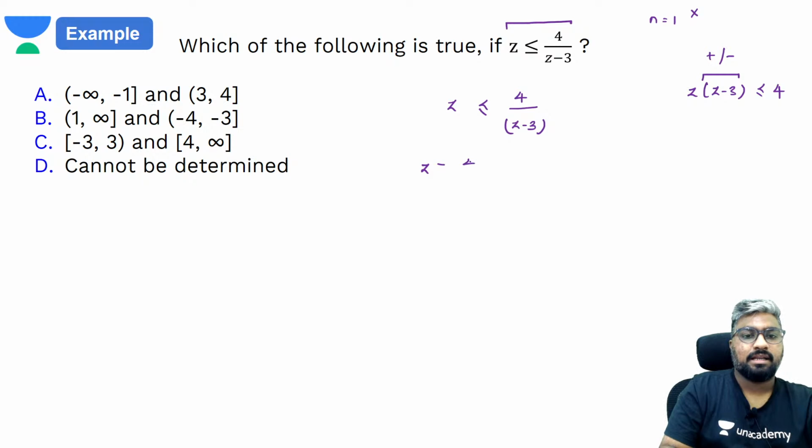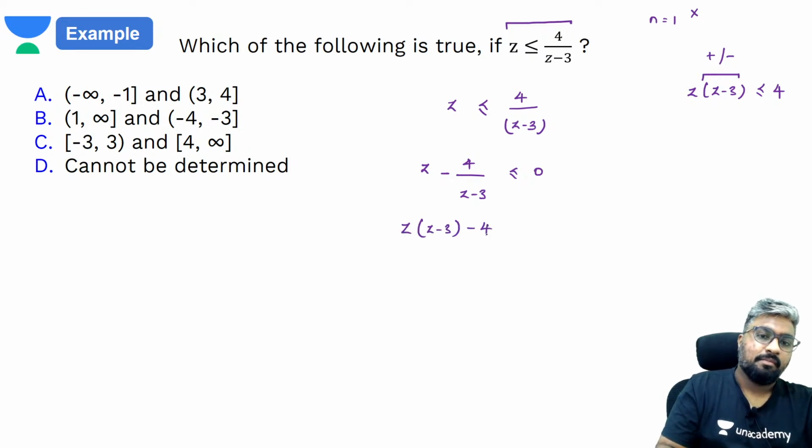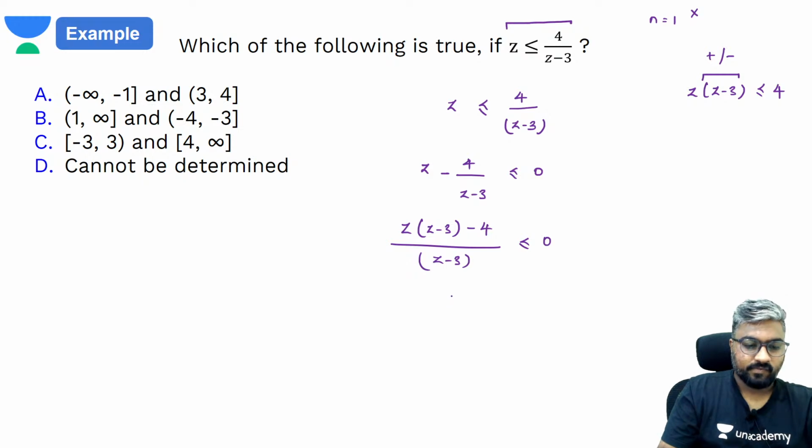You will have z minus 4 by z minus 3 less than equal to 0. Now you can take LCM within. Yes, if I take LCM within, what will I have? Z into z minus 3 minus 4 by z minus 3 is less than equal to 0.